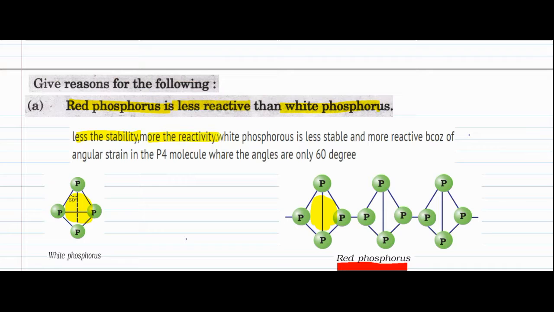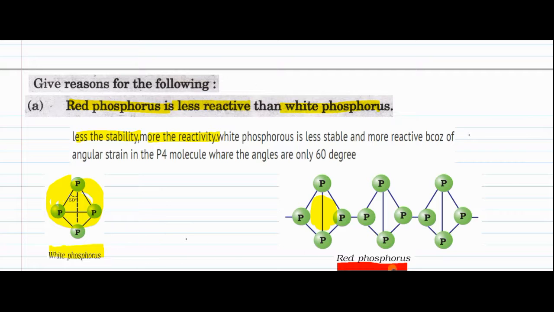White phosphorus is less stable and more reactive because of angular strain in P4 molecule, whereas the angles are only 60 degrees.